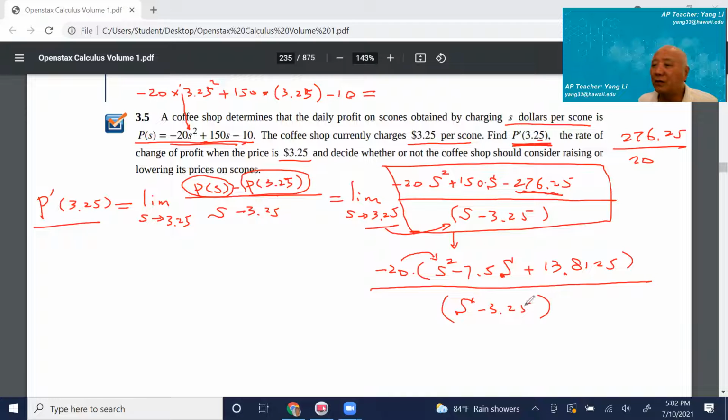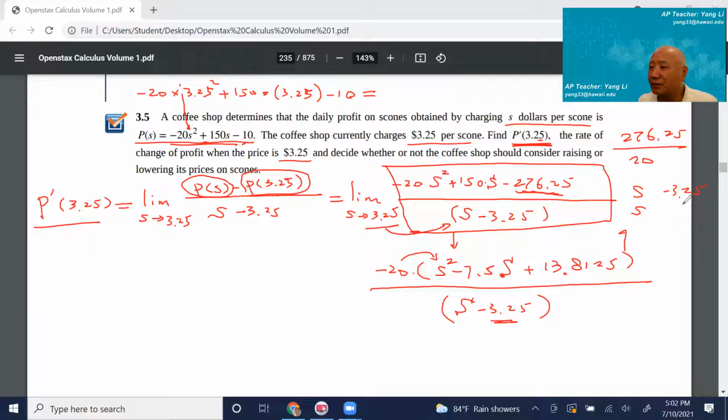So here, when you do the factoring, you may feel confused. When we're going to do the factoring for this one right now, we can go s times s, no problem. And this one here, one of them should be 3.25. So that's why I put here negative 3.25.